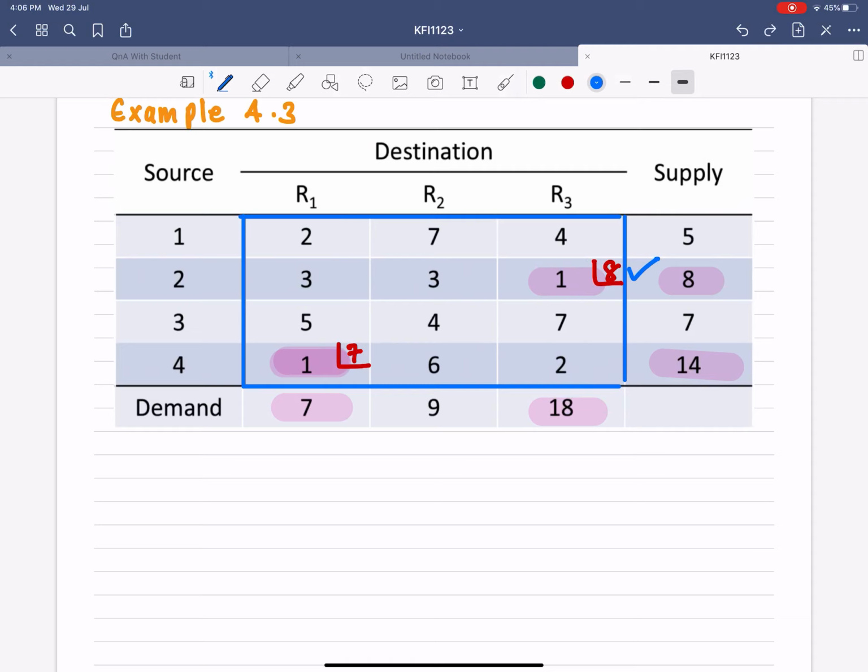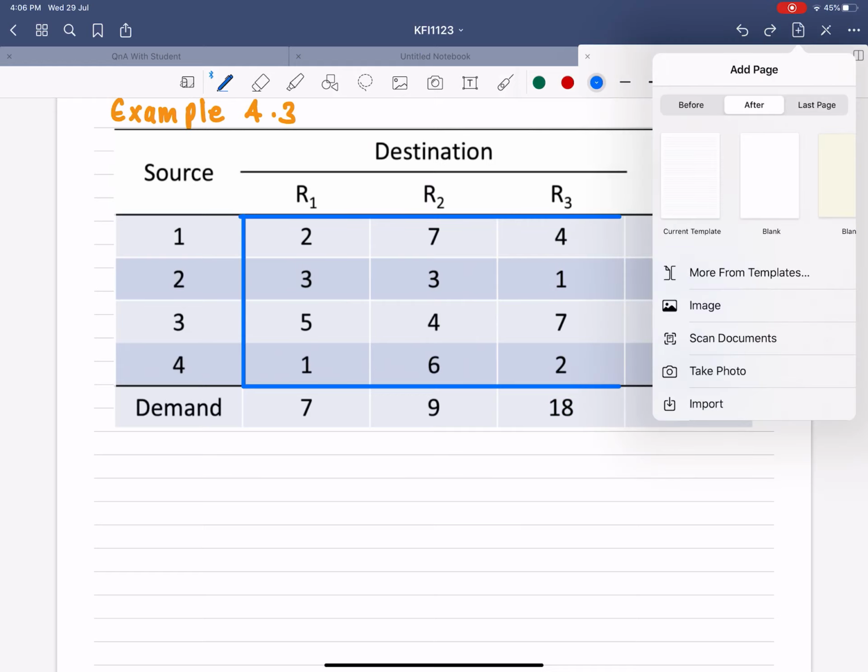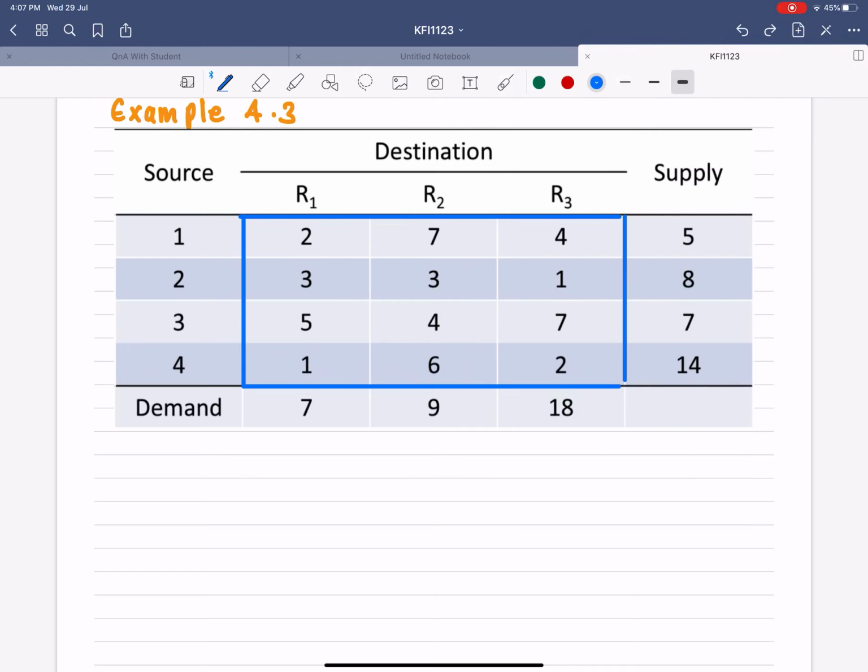So I will erase everything first. So just now we know that we want to choose based on this cell. Therefore, we will allocate a value here where we compare 8 and 18, where we have 8 here. I'll erase that one first so that you won't get confused later.